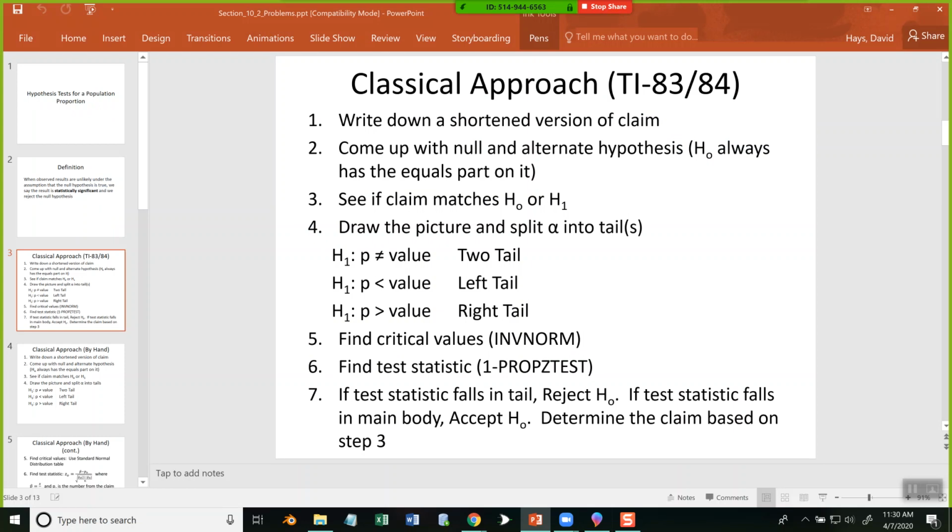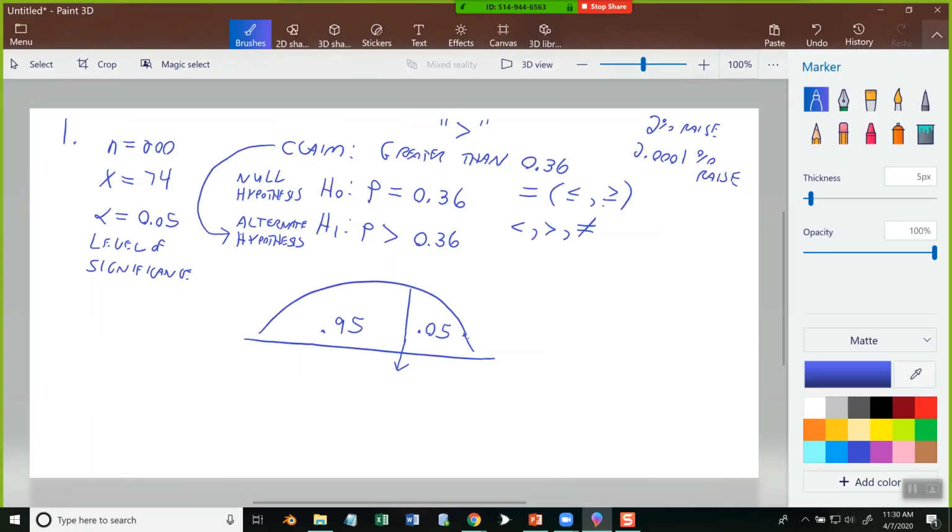Now, step 5 says to find the critical values, and it says use INV norm. This right here is a critical value. A critical value is what separates the main body from our tail or tails. So for our critical value, we'll do INV norm. And remember, with INV norm, you want to pass in the area to the left. So here's my critical value.